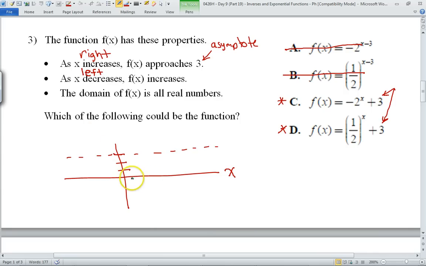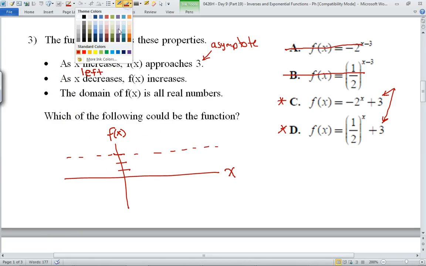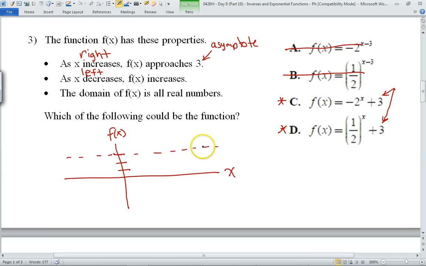So they're saying as x moves to the left, f of x increases. F of x is like the y value here. So as we move to the left, the function increases. So as I go to the left, the graph rises. So that means I have this asymptote, but as we go to the left, the graph is rising.